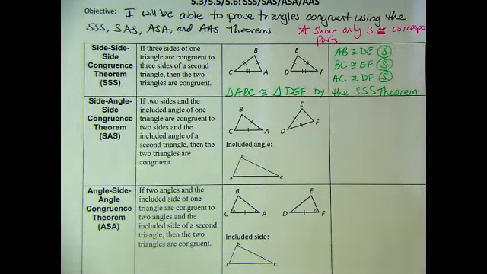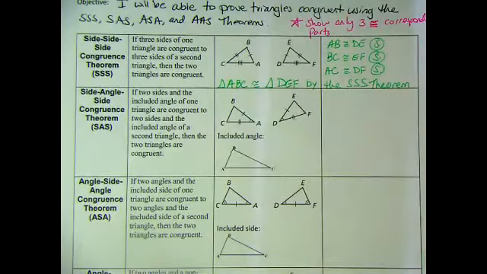So the side, side, side is probably the easiest of them because it only involves sides. Okay. And there is no such congruence theorem as angle, angle, angle. Okay. You can't prove two triangles congruent using only angles. But you can do a combination of sides and angles.